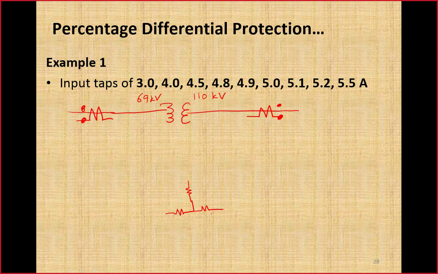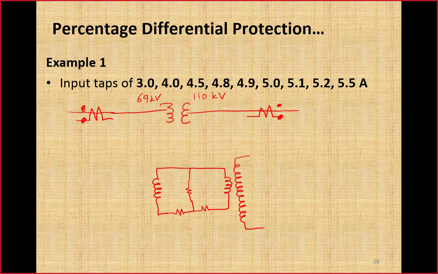So the secondary side of the auxiliary CT will be connected like this. This is the secondary side of the auxiliary CT, and the primary side of the auxiliary CT has the tapping available, and here are the tap values.